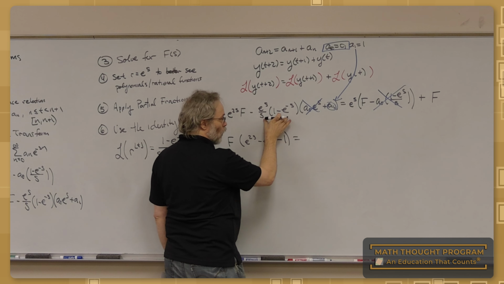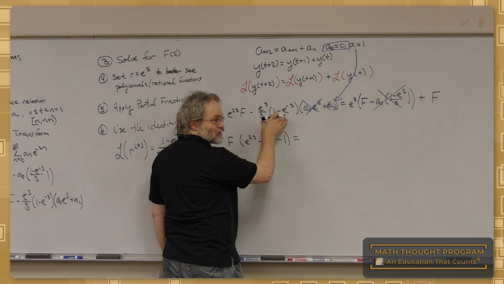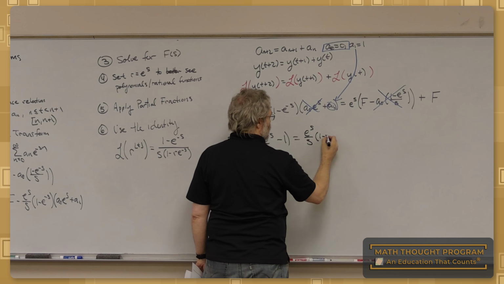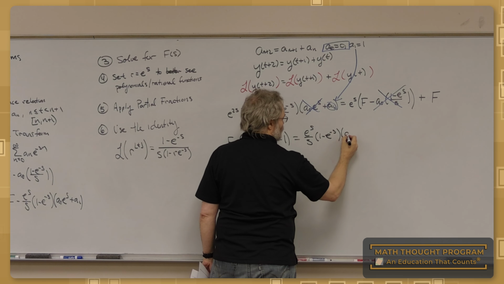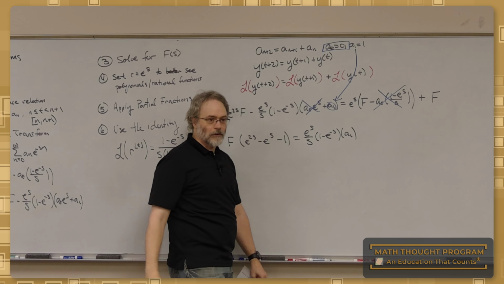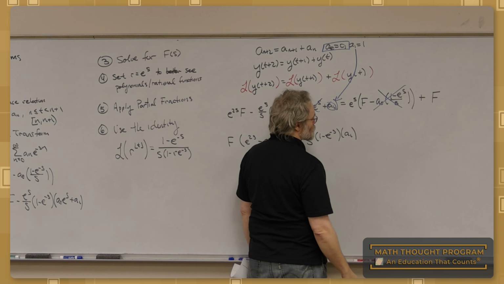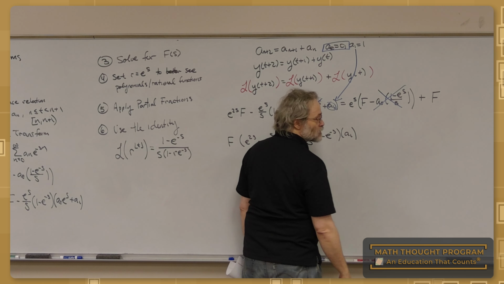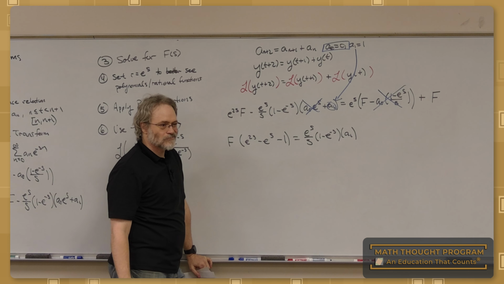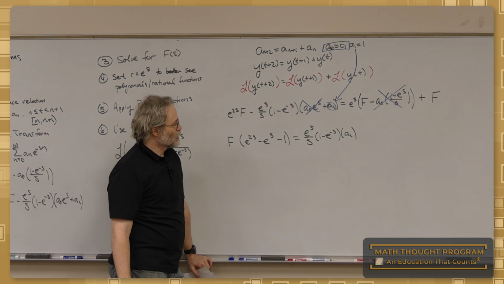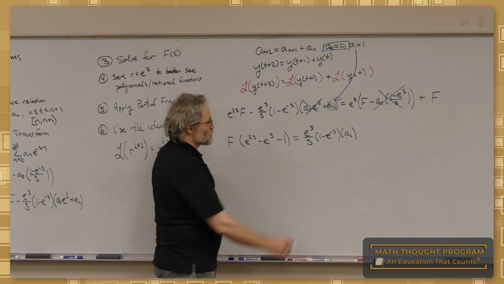Okay, so all this is then, we kick it to the other side, e to the s over s, 1 minus e to the minus s, a1. That's kind of nice. Anything else? Okay, this part zeroed out.